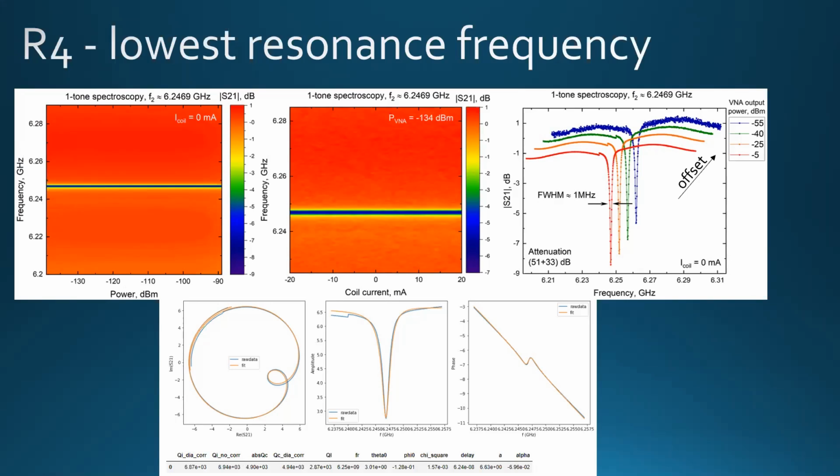For example, the loaded Q factor is about 3,000, and the internal Q factor is about 7,000. And there is no dependence on power. So it's obviously not connected to any qubit.